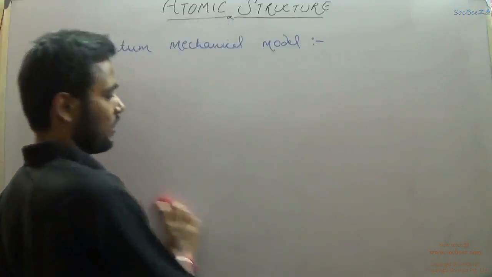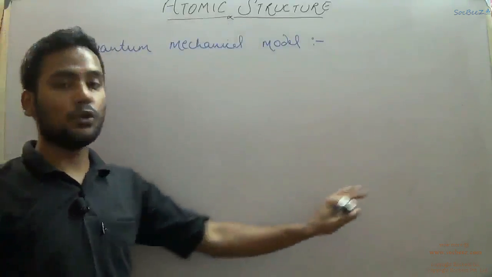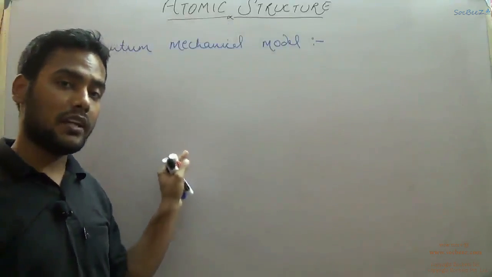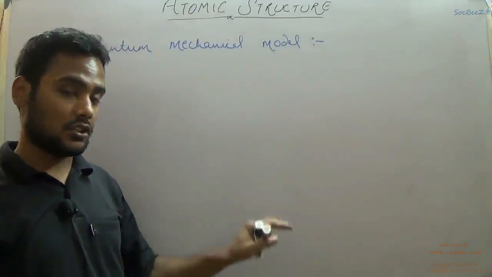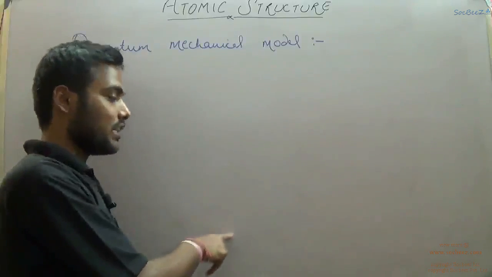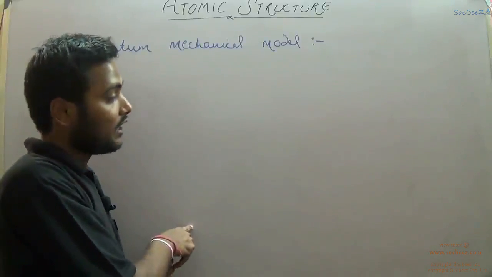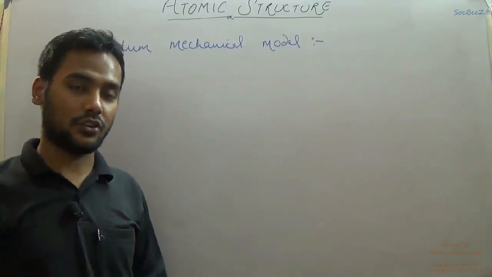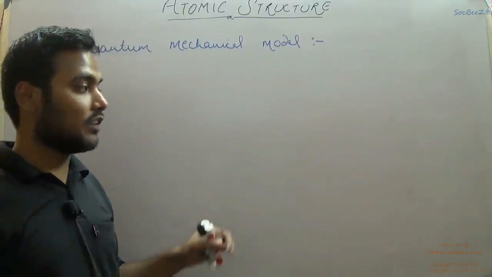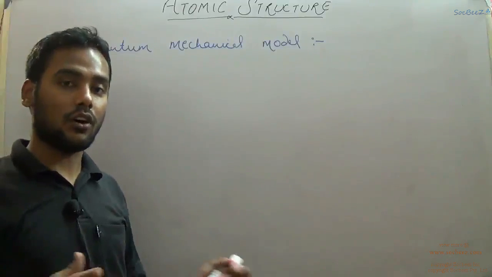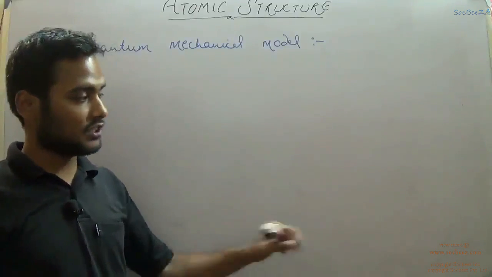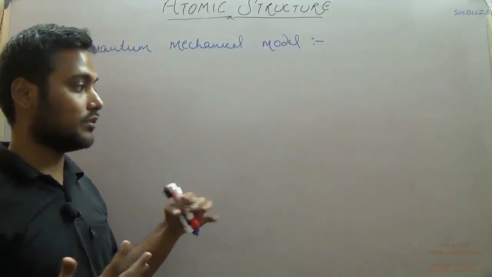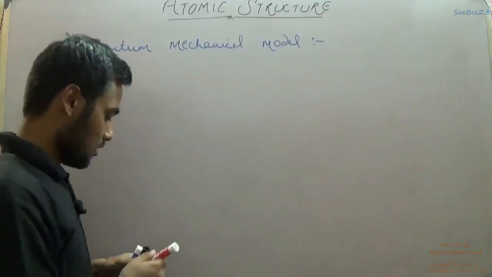But remember, here we made the motion of an electron around the nucleus analogous to the motion of planets around the sun, which is not so. The orbits in case of planets are entirely different from the orbits we discussed in case of an electron. So we cannot precisely define what an orbit is in case of an electron. This was just a rough example to make you understand, and I hope that you have understood it.